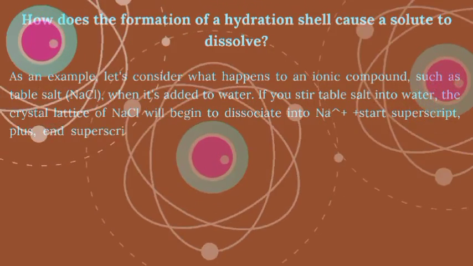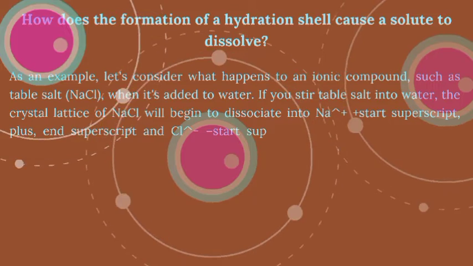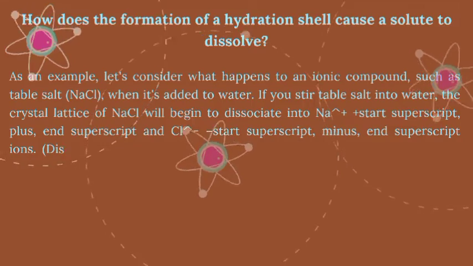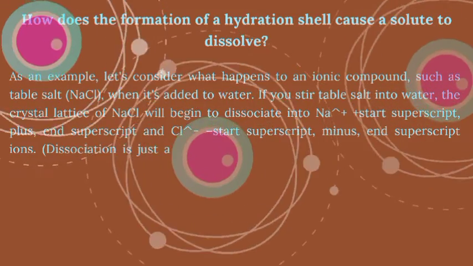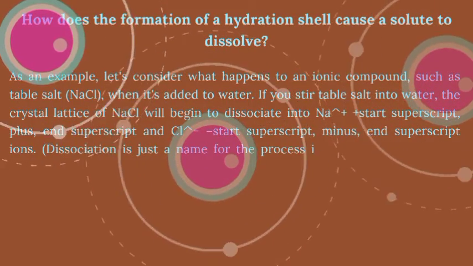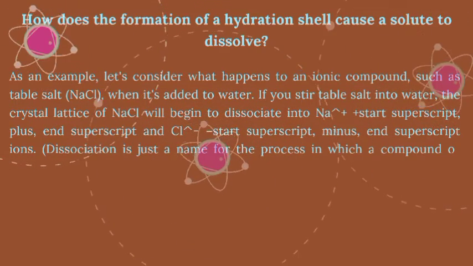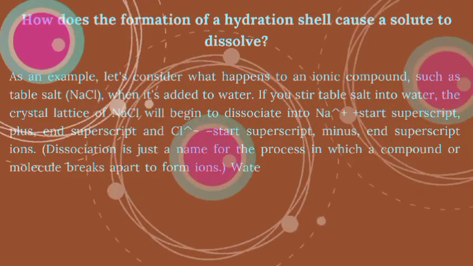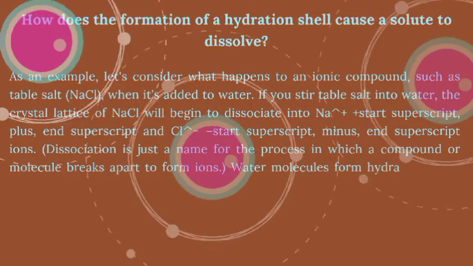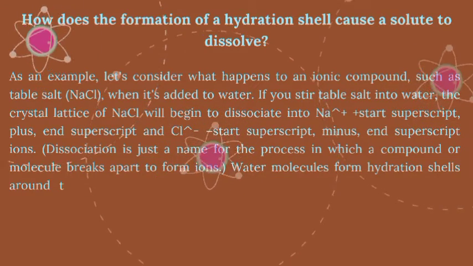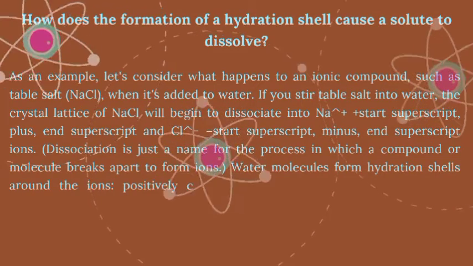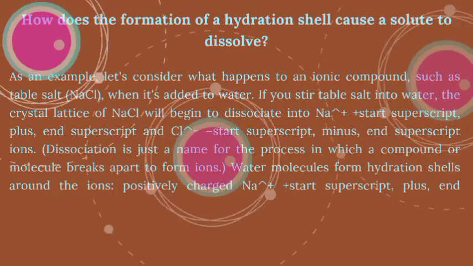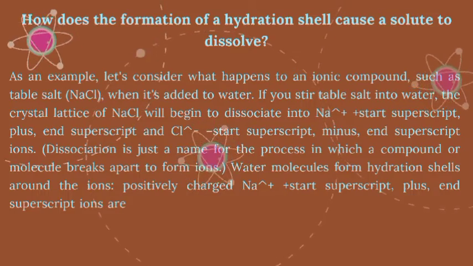If you stir table salt into water, the crystal lattice of NaCl will begin to dissociate into Na+ and Cl- ions. Dissociation is just a name for the process in which a compound or molecule breaks apart to form ions.